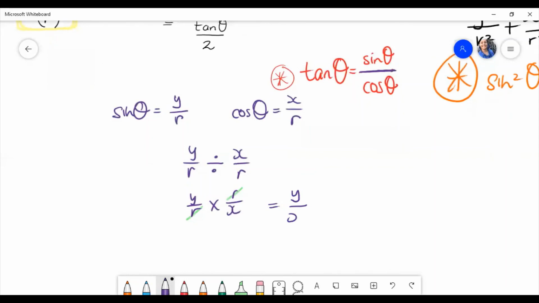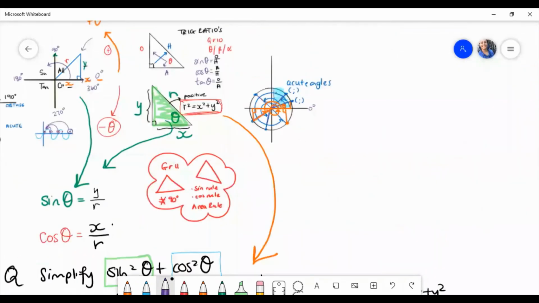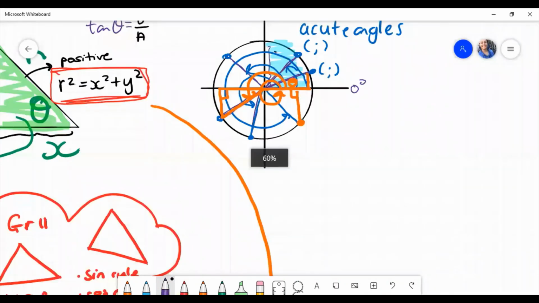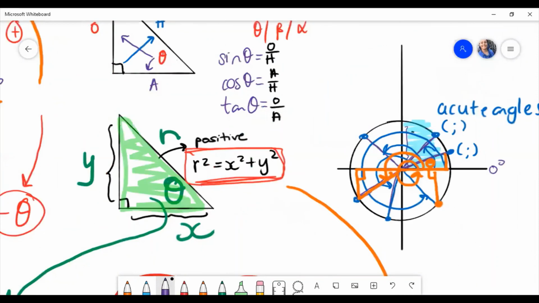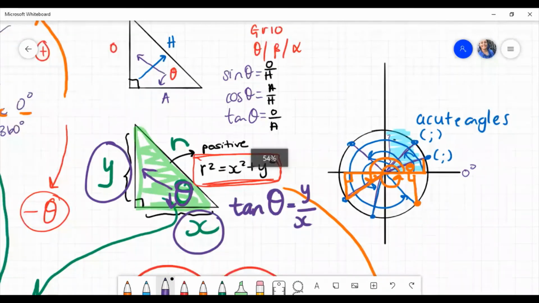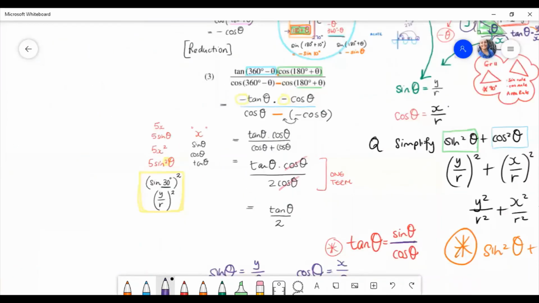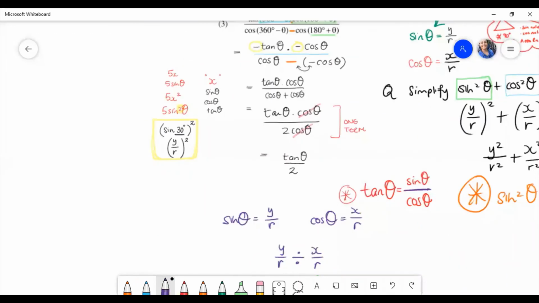And let's check what is y over x in my original triangle. In my original triangle, y and x would be tan of theta. Tan of theta is opposite over adjacent. So that's where all this theory falls together.